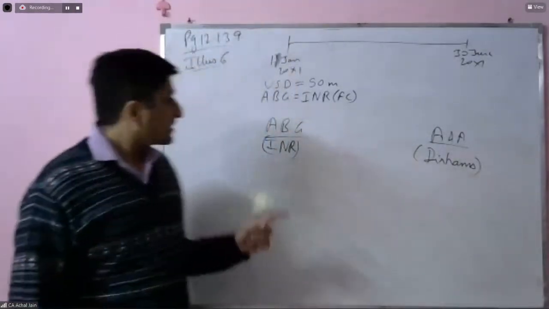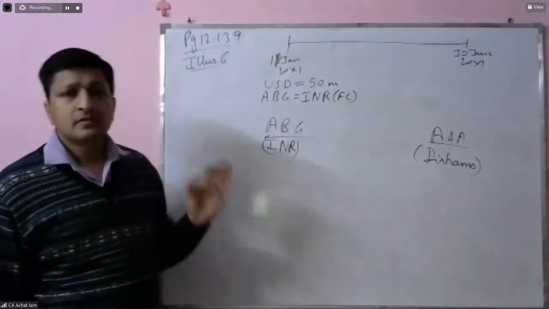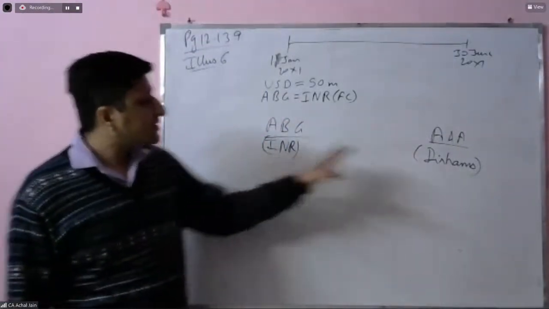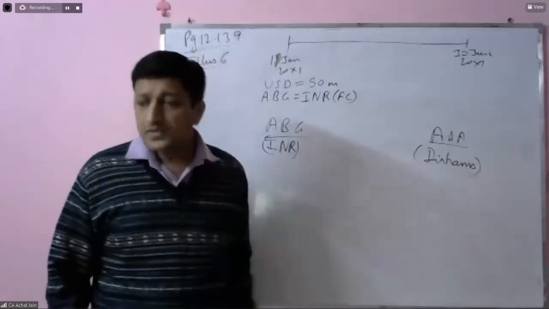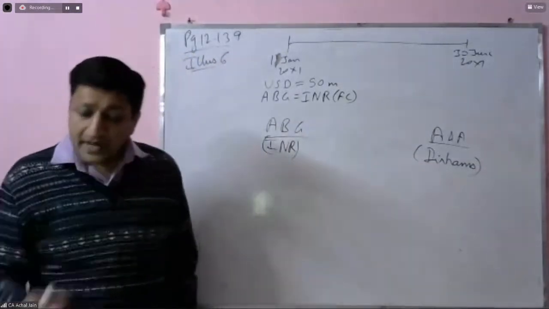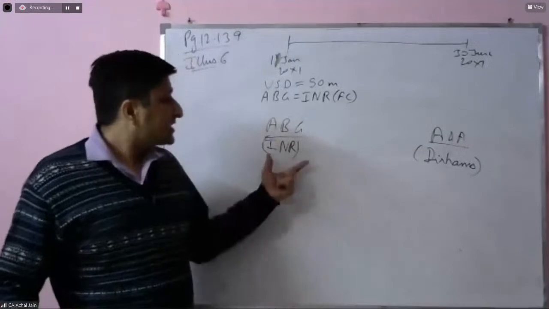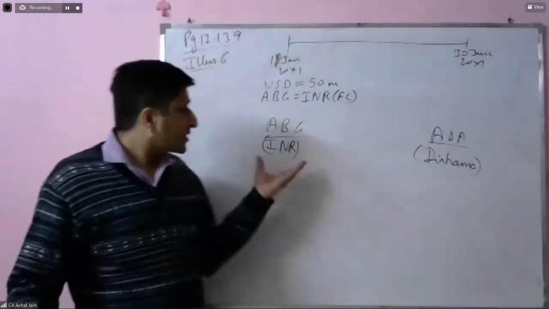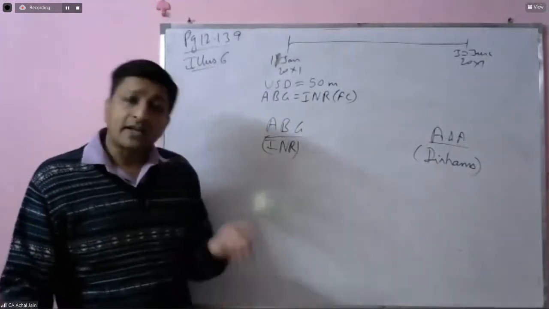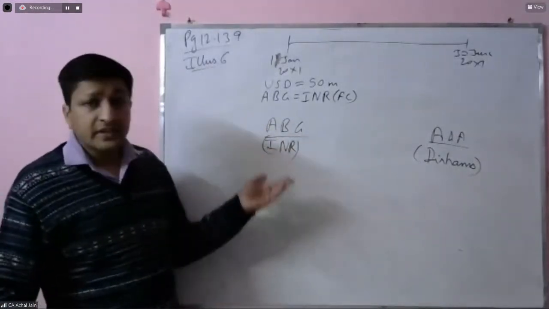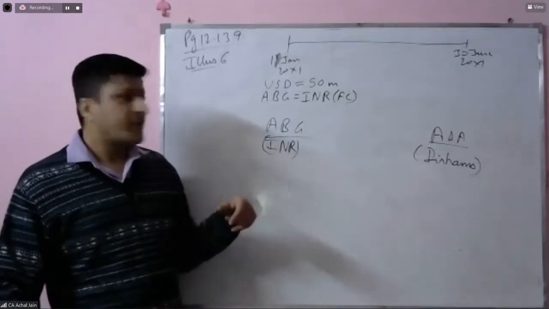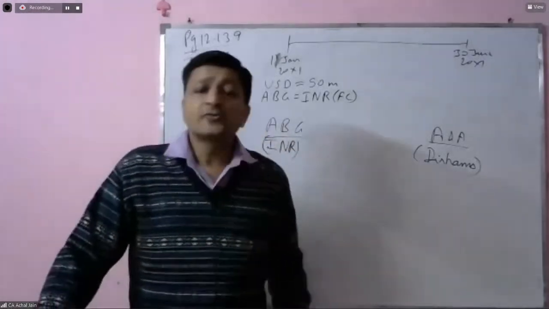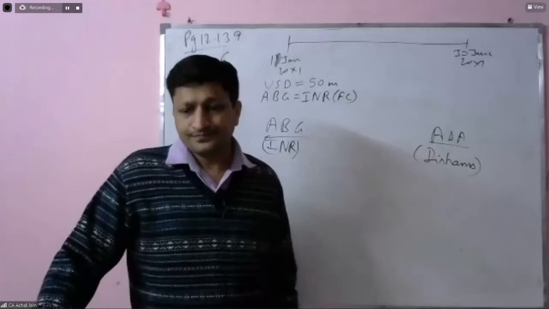But in this case, if you look at both the parties, their functional currencies are INR and dirhams. The functional currency of ABG is INR, and that is also the local currency because it is a company based and incorporated in India. Similarly, A&A is also a company in UAE.